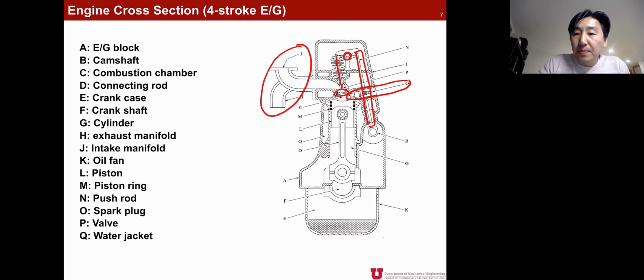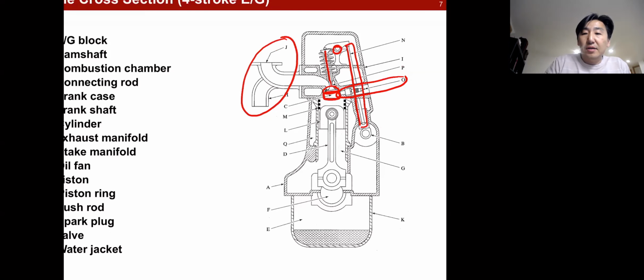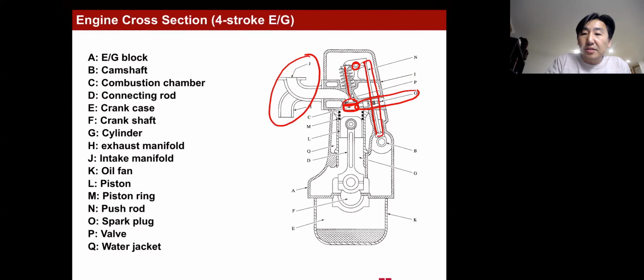This spark plug is located in a very small chamber above the piston. So now you see the piston here. That is your piston.